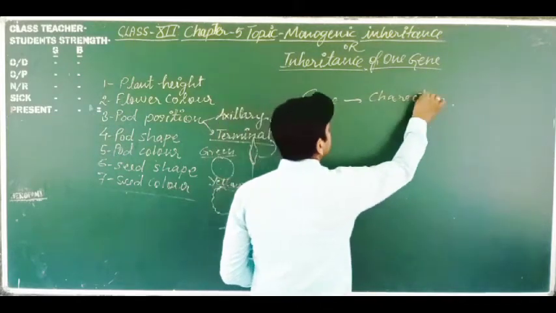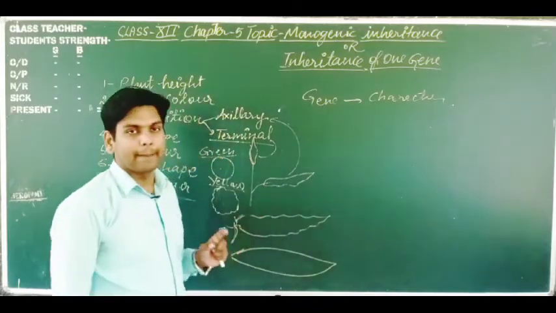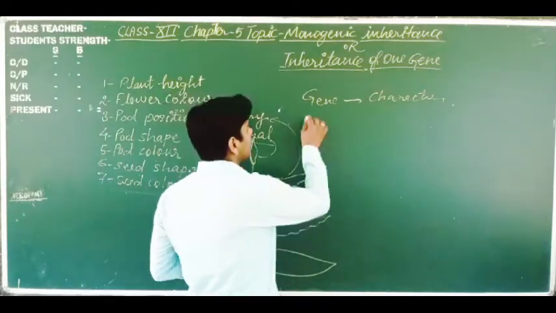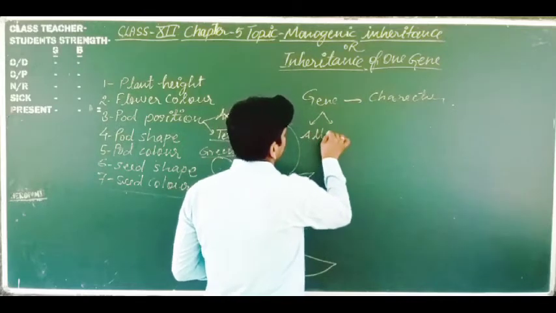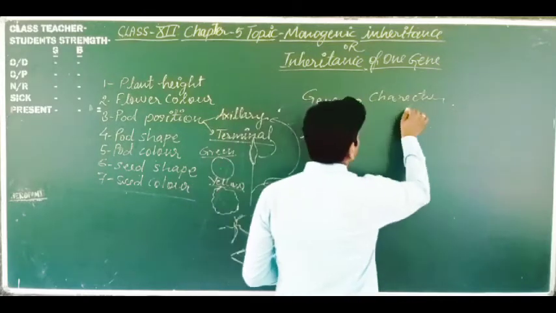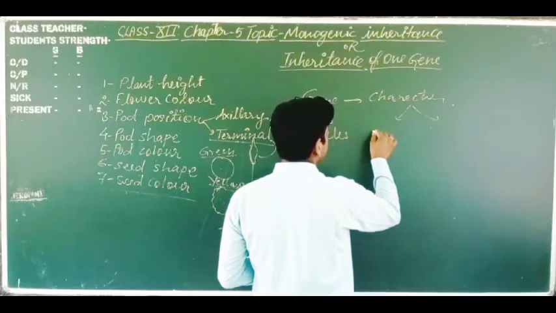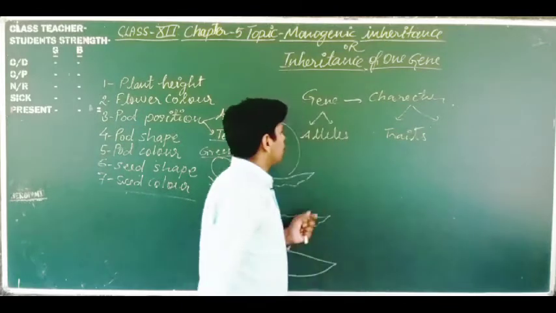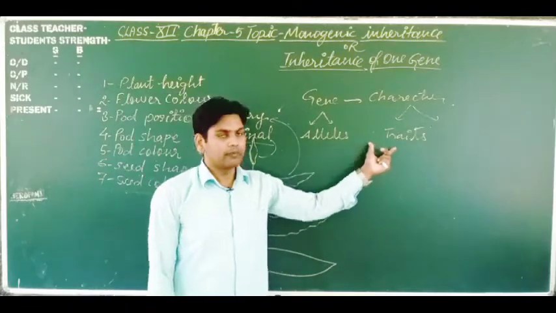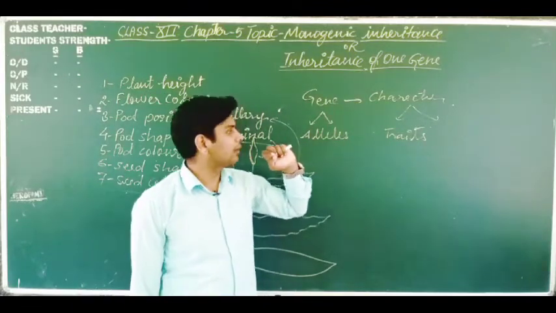So 1 gene is responsible for 1 character, but here 1 gene has 2 alleles and 1 character has 2 contrasting traits. So 2 alleles are responsible for two contrasting traits. Got it?